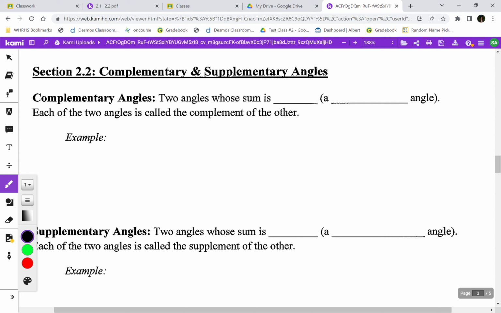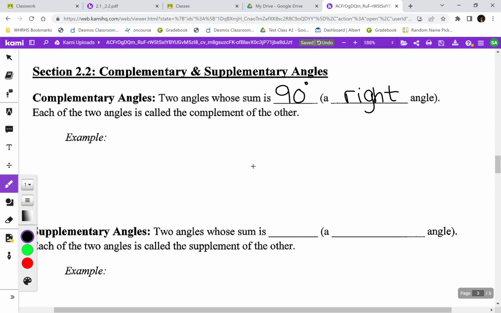So complementary angles are two angles whose sum is 90 degrees, which is a right angle. Each of the two angles is called the complement of the other.